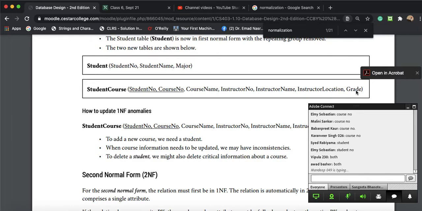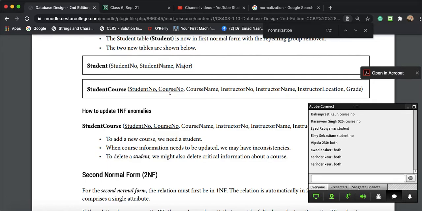Yes, the grade depends on both, only the grade. But course name, instructor number, instructor name, instructor location depend on only the course number. So this relation is not in the second normal form.